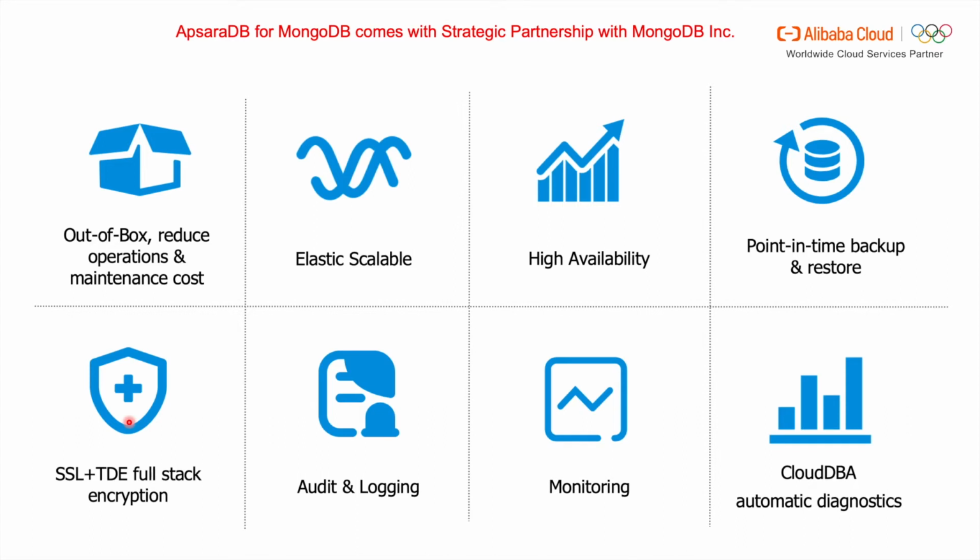But in Alibaba Cloud, we are the only vendor which provides the managed service. And what the managed service includes here is, out of the box, reduced operation and maintenance cost.